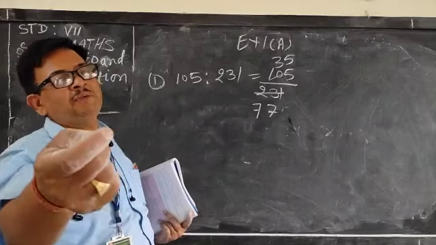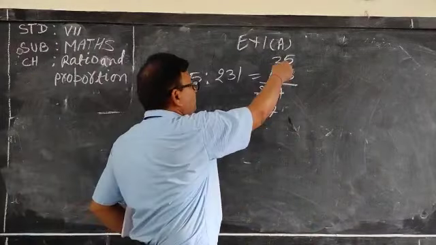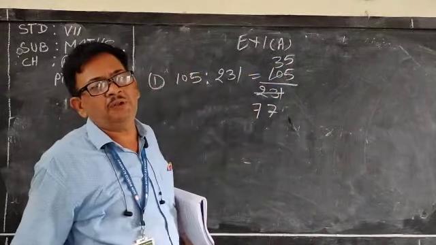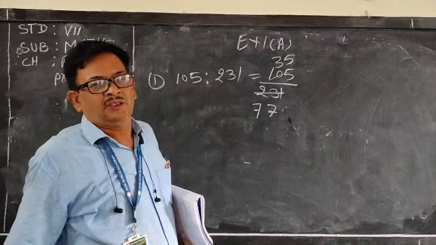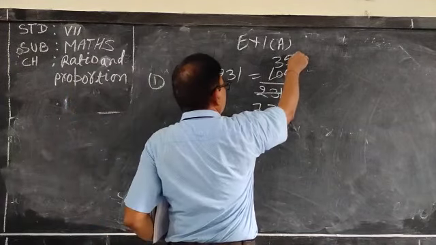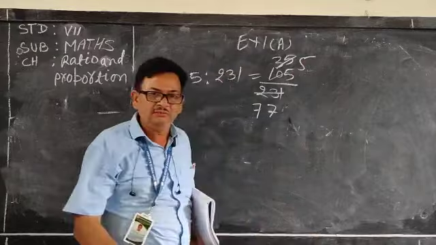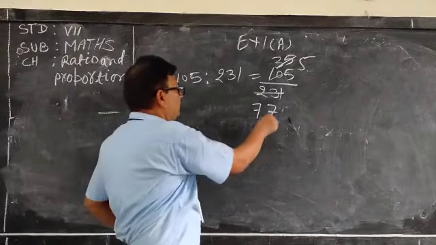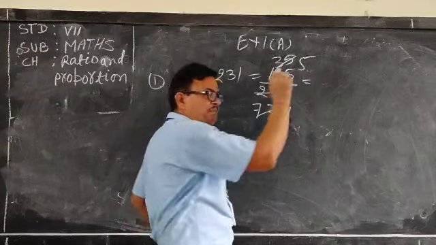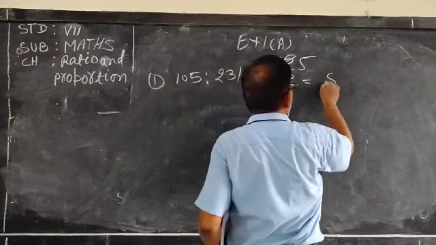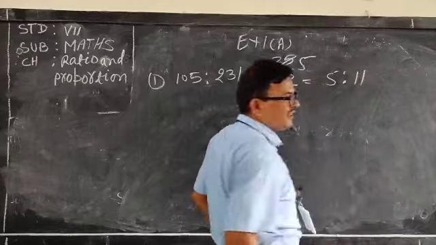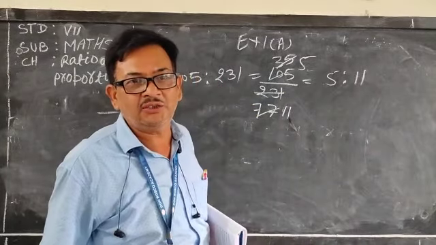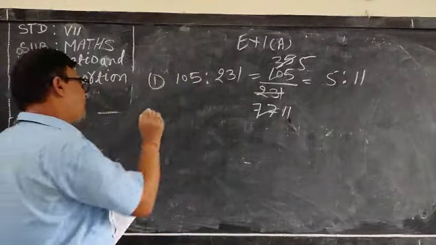Then the prime number that will come is 7. Dividing 35 by 7 gives 5, and dividing 77 by 7 gives 11. So the simplest form is 5:11. Understood?